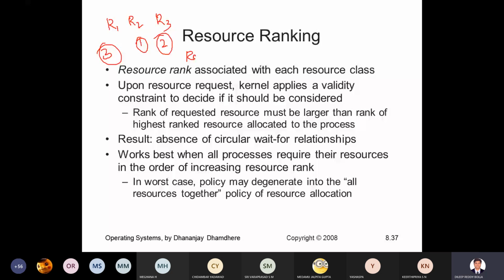Upon a resource request, the kernel is going to apply a validity constraint. So the kernel is going to check the validity, to decide which one has to be taken. Let us say this resource is R1, and R1 is requesting for process P1. We got a request.